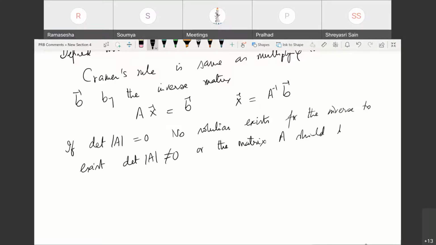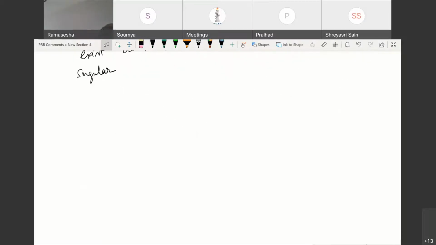Okay, let us see when you have a very large system of equations, many equations to solve simultaneously, then Cramer's rule is no use.